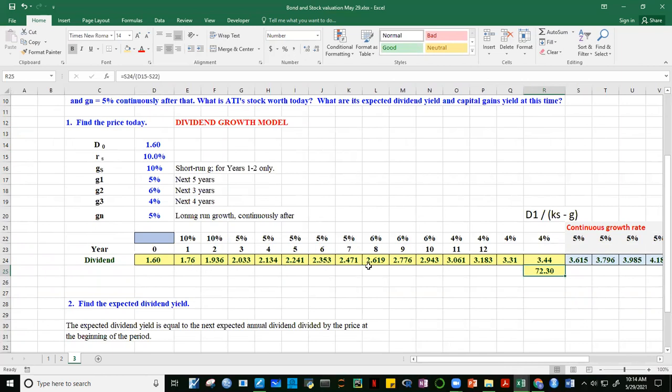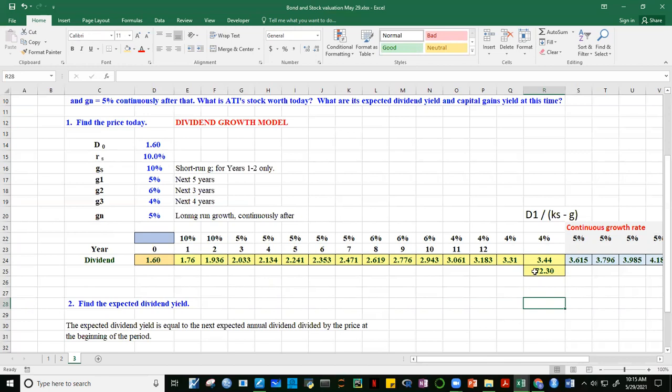This one is not included because it is already done. What we look at in order to price a stock are the future dividends, which we have reduced into this one.